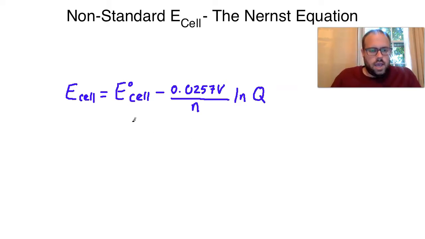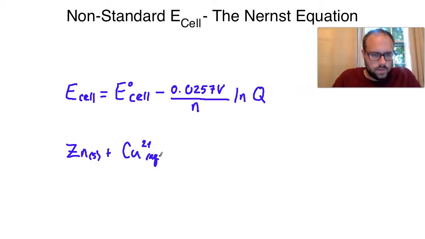So, if we were to take a look at something like this, let's go back to one of the examples we looked at earlier, which was the zinc and copper example when we were setting up our original galvanic cell. So we had solid zinc, and we had copper 2+ in aqueous conditions, and that went to zinc 2+ in aqueous conditions and copper solid.